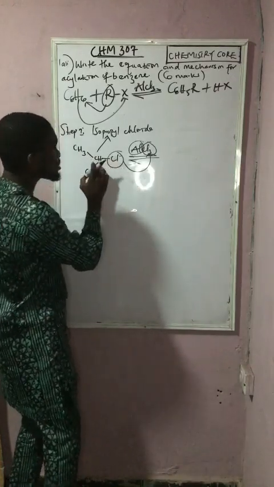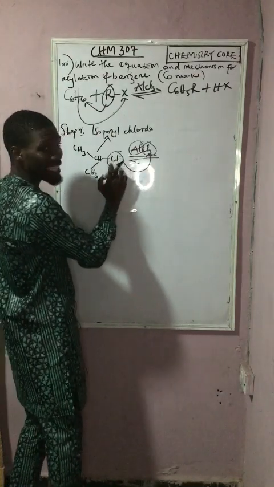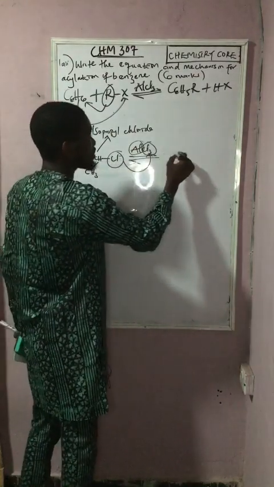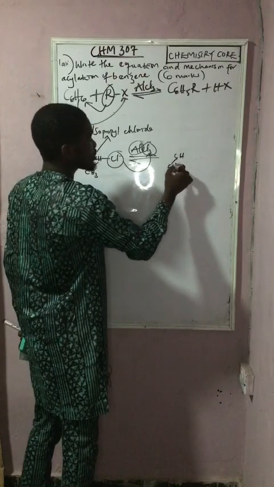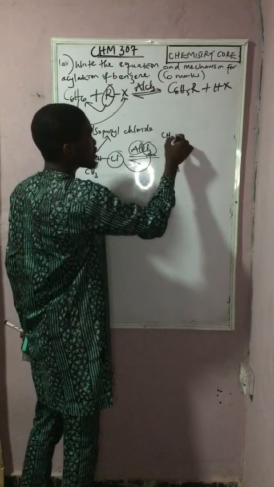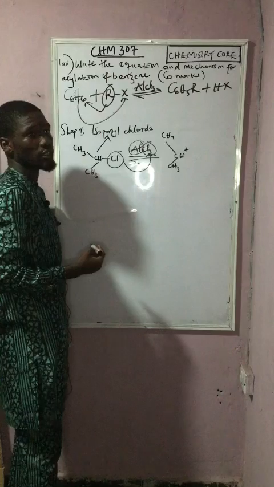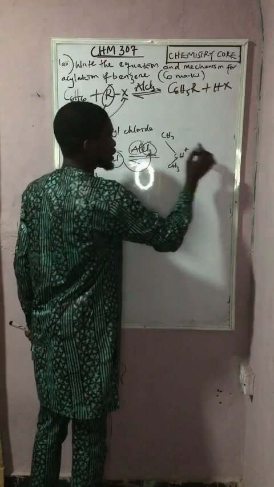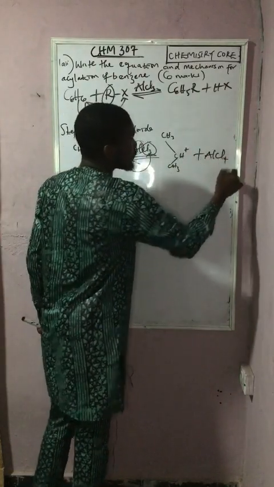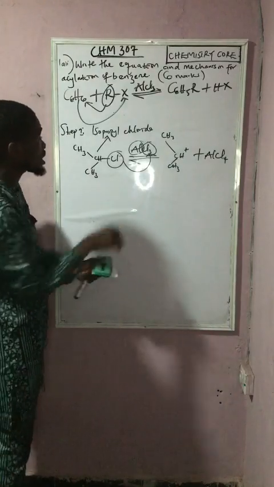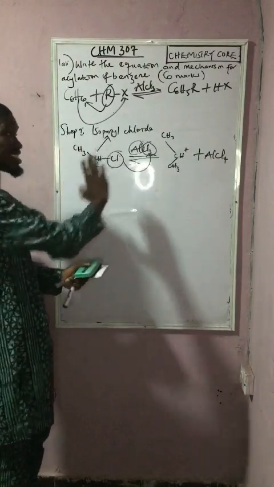So we are going to write this now, and for us to have added chlorine to this place, we said we have CH, CH3, CH3. We are having a positive sign here. Plus this one here is AlCl4. Initially what we have here is AlCl3. So this is the first step.